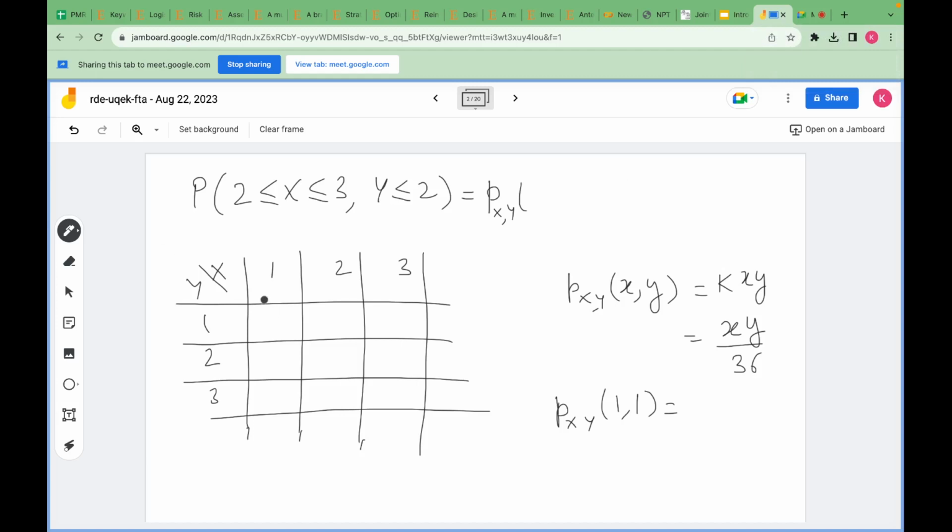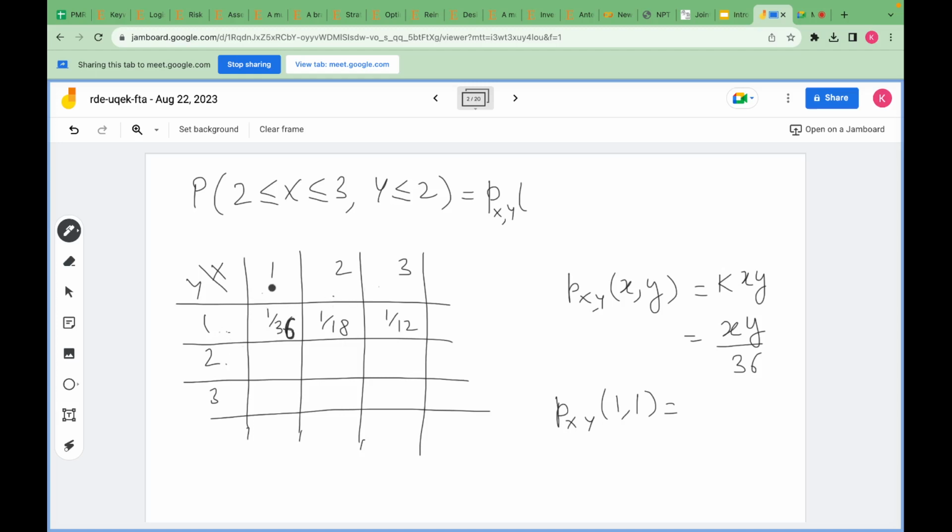We can find that this probability is 1 by 36, this is 1 by 18, this is 1 by 12. We are just putting the x and y values in this expression. x is varying from 1 to 3 and y from 1 to 3. So for y equal to 1, x changes as 1, 2 and 3, and these are the corresponding probability mass values for the combinations 1,1, 2,1 and 3,1.